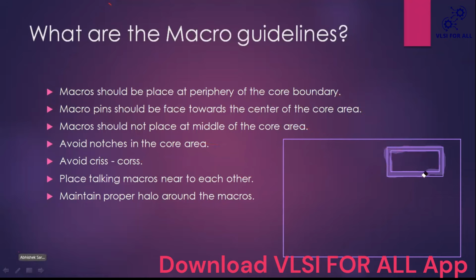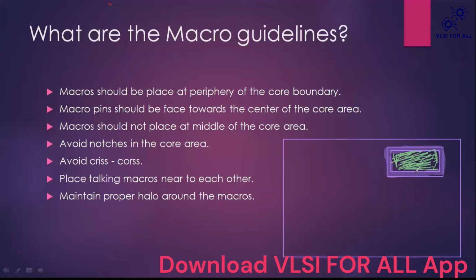Okay, this is halo. It will try to avoid placing the standard cells in this area. In this region, the tool will try to avoid placing the standard cells. Why do we have to avoid placing standard cells near the macro?